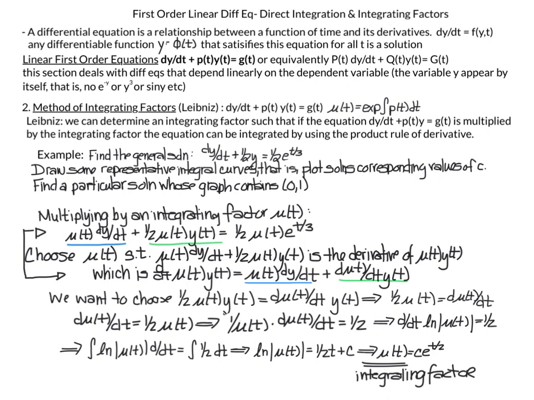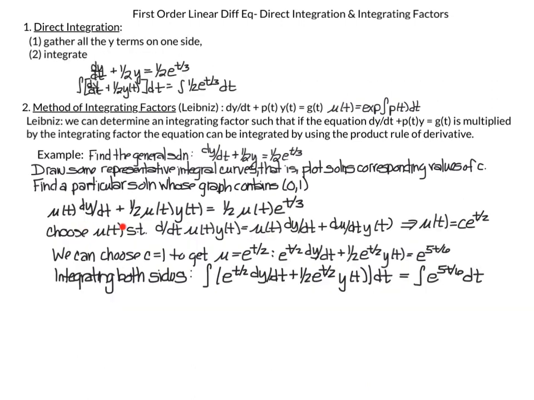And just to repeat, we chose our mu of t so that the derivative of mu of t y of t is equal to mu of t dy/dt plus 1/2 mu of t y of t, which is exactly what we have here in our original equation multiplied by mu of t. You'll see that as the example progresses on the next slide.